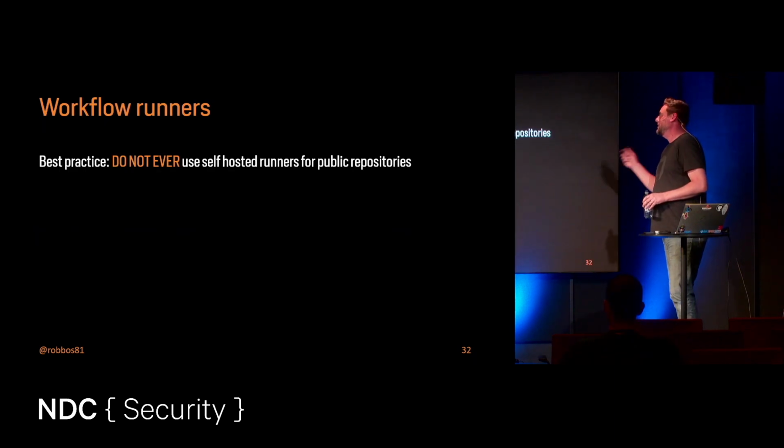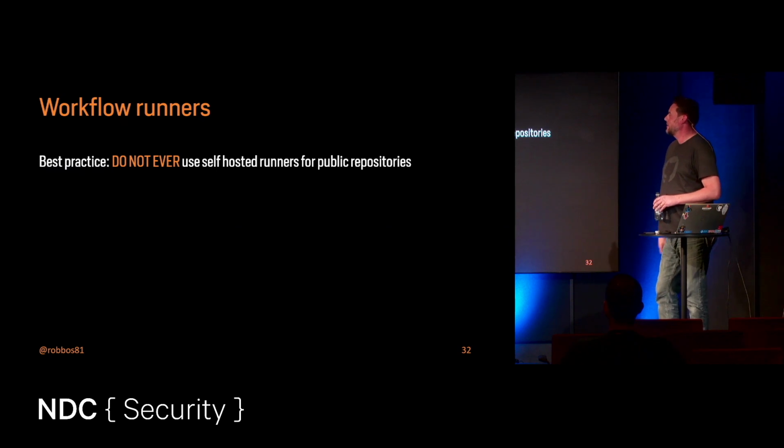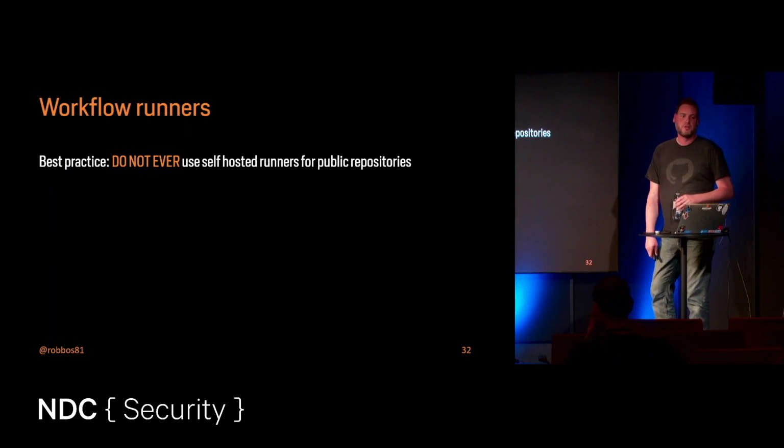And I cannot repeat this enough. We still see this happen. If you have a self-hosted runner, never, ever, ever use that blankly for public repositories. You can have a trigger in your workflow that says, when somebody sends me a pull request, I start executing the workflow file. And since it's a public repository, anybody can create a fork and send in a pull request. They can even change the workflow file for you.